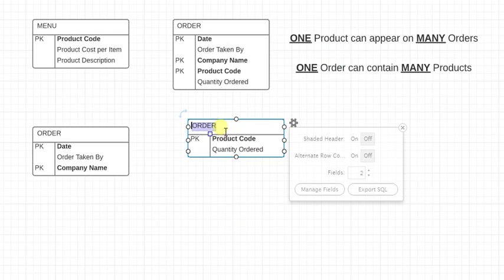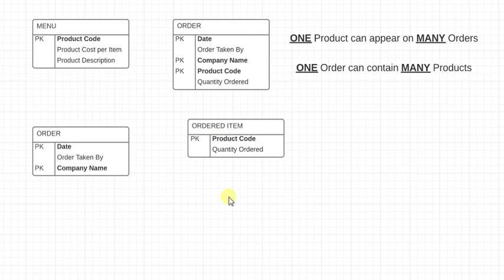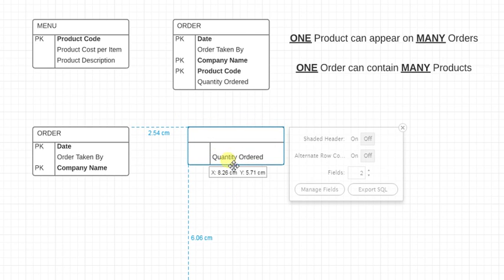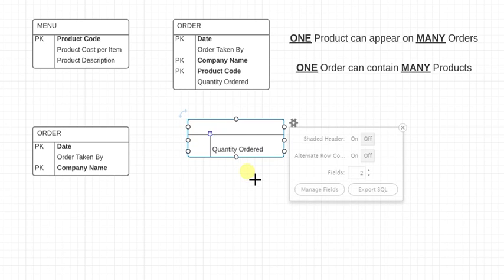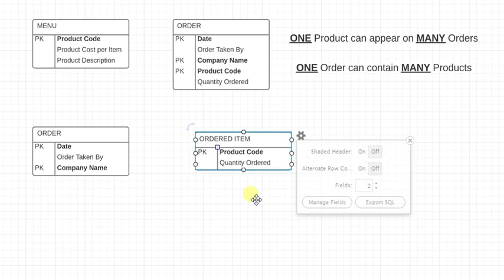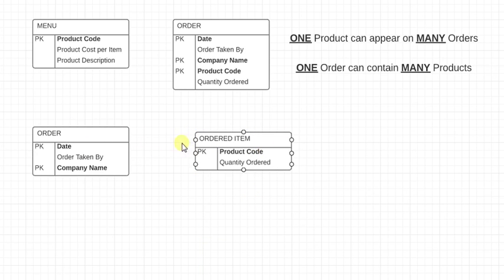I'm going to call this ordered item. So these are the items that have been ordered. So I've got the product code and the quantity ordered. Now I need some way to relate these two together.